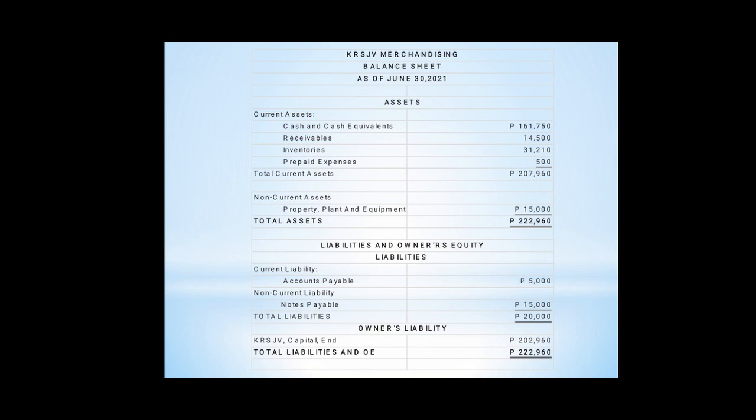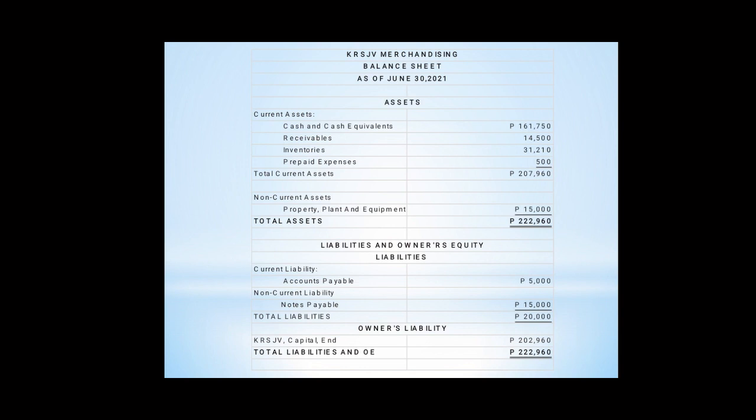So the total assets is 222,960. Now liabilities and owner's equity. In the liabilities, the current liability is accounts payable with 5,000 pesos. Non-current liability, notes payable, 15,000 pesos. So the total liabilities is 20,000.